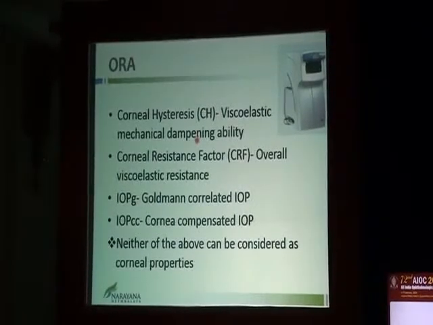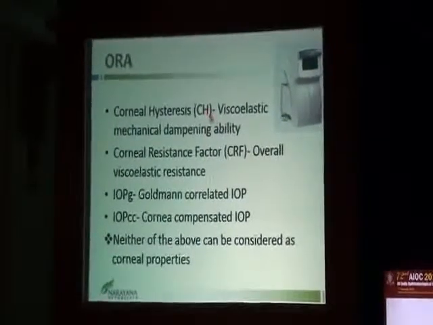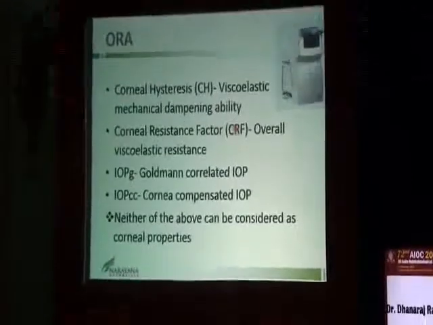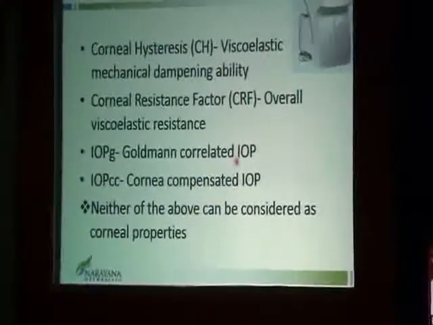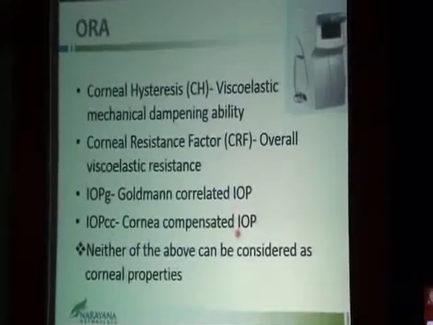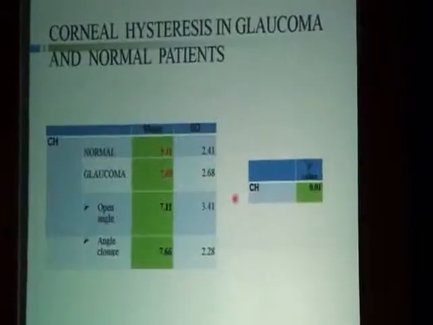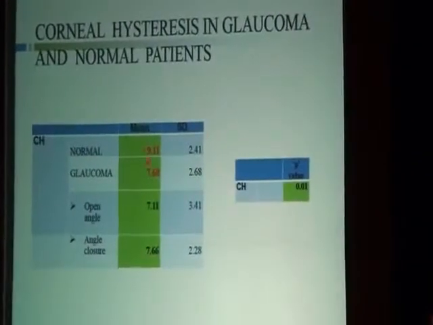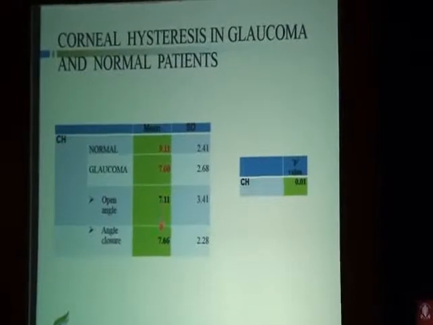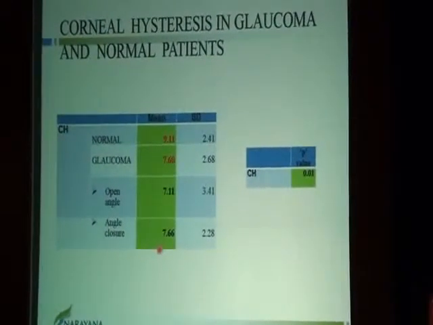Dr. Rajesh has already described what ORA is and what it measures. Basically, there are 4 parameters which the ORA measures: the corneal hysteresis, the corneal resistance factor, the Goldmann correlated intraocular pressure, and the corneal compensated intraocular pressure. We know that the corneal hysteresis is low in patients with glaucoma, both open angle and angle closure.